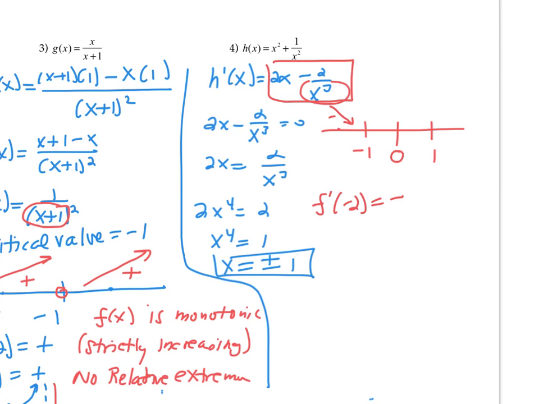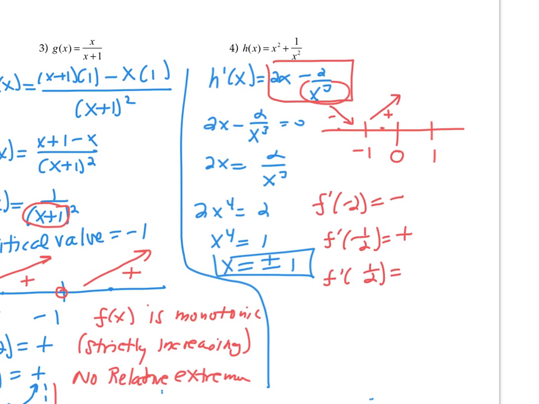Okay, next we want to test it out on our next interval between -1 and 0. So I would say try -1/2 and make use of the graphing calculator to help you plug that in. And it turns into a positive number. So it's increasing on the interval from -1 to 0. And the next interval between 0 and 1, I would probably test +1/2 in our derivative and see what happens.